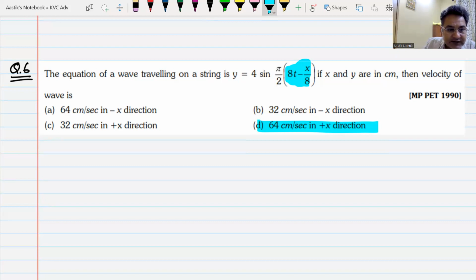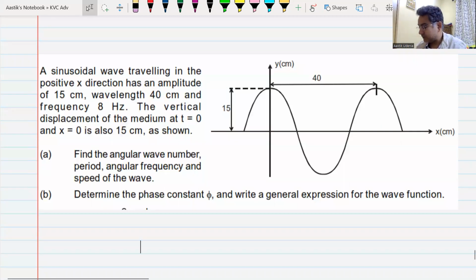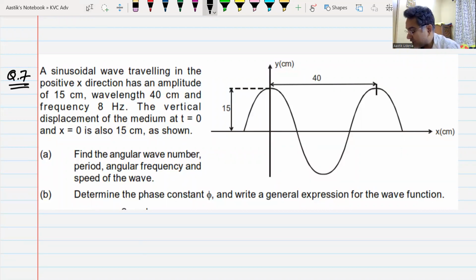This encompasses everything that we have done till now. So let's see if you can do this question. The question comes on your screen now. Question number 7. A sinusoidal wave traveling in the positive x direction has an amplitude of 15 centimeters, wavelength of 40 centimeters, and frequency of 8 hertz.